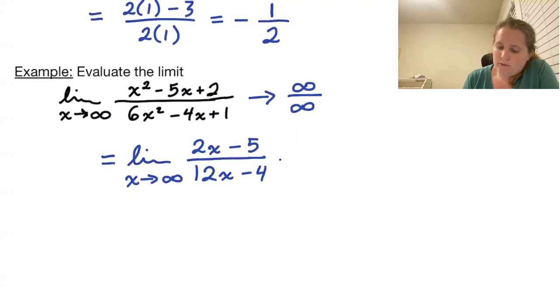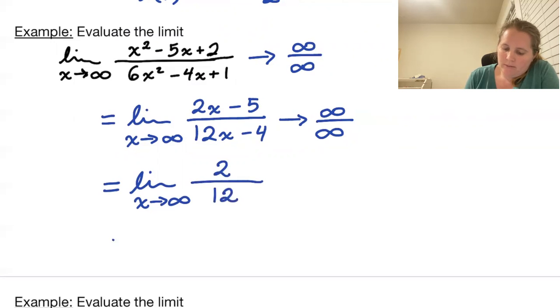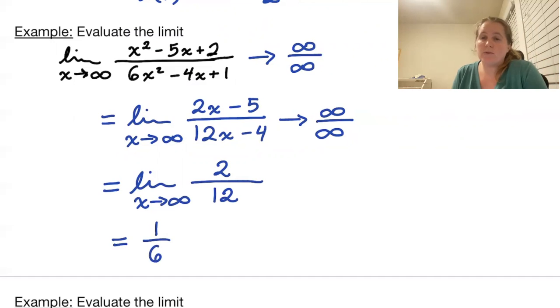Again, this will go to infinity over infinity. So we can actually apply L'Hopital's rule again. So now we have the limit as x goes to infinity of the top will be 2, the denominator will be 12, and we wind up getting 1/6, which is precisely what that rule told us.